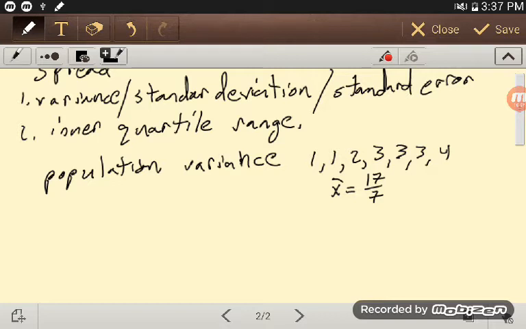So when I look at variance, what I'm asking is sort of how spread out the data are. Well, a good way to check that would be to look at the differences. I want to look at the average.